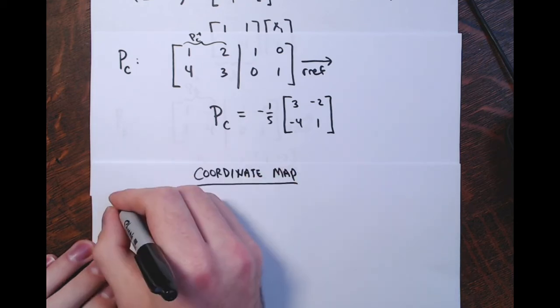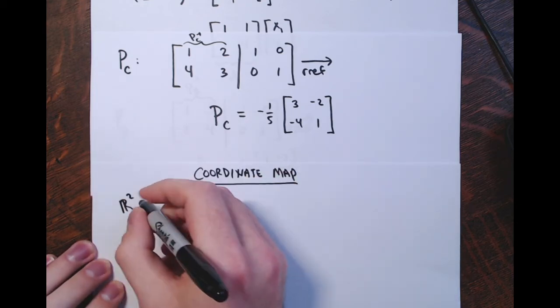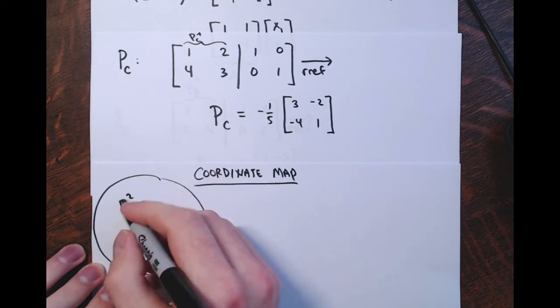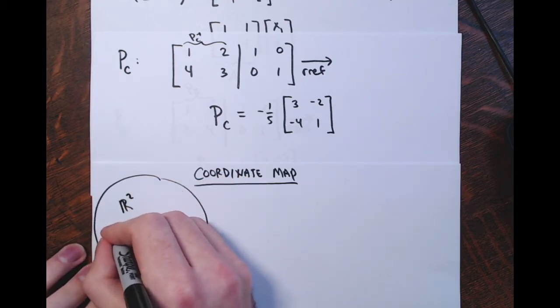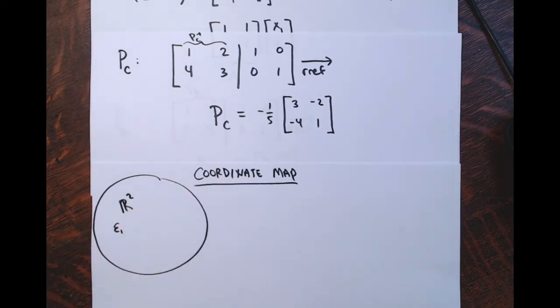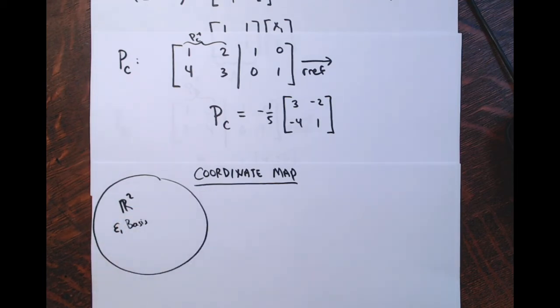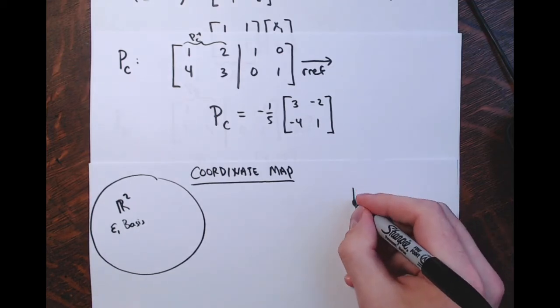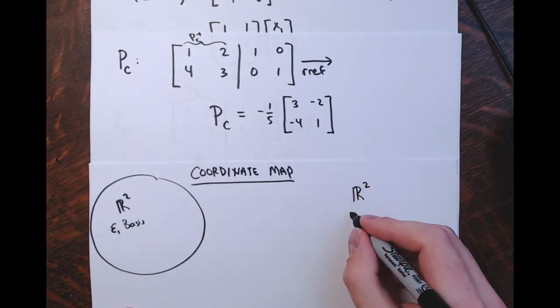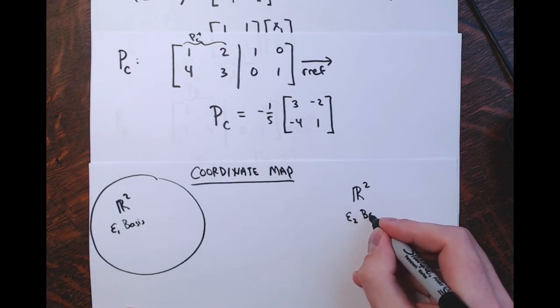All right. So here we have R2, but relative to the standard basis, say E1. Basis, E1 basis. And then over here I have R2 again with the codomain, say relative to E2, again the standard basis.